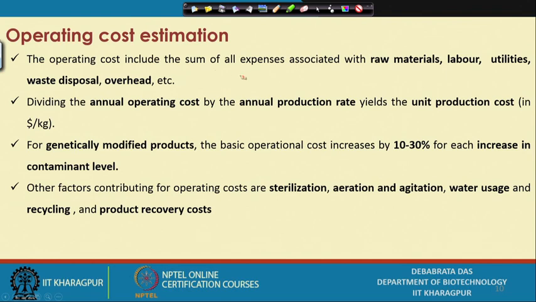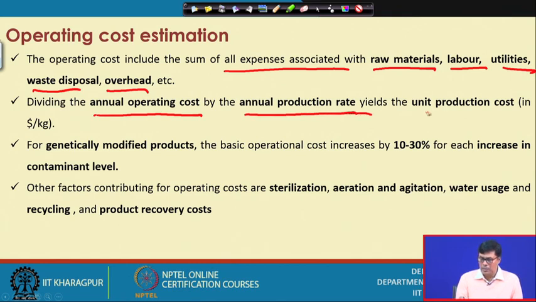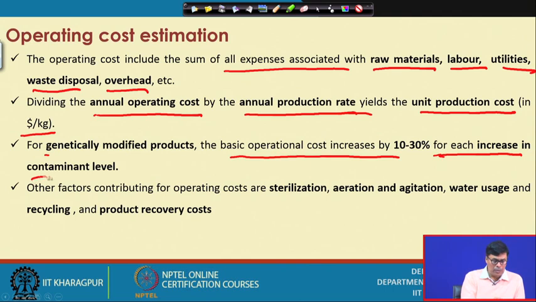Operating cost includes the sum of all expenses like raw materials, labor, utilities, waste disposal, and overhead cost. Dividing the annual operating cost by the annual production rate, or yield, gives the unit production cost in dollars per kg. For genetically modified products, the basic operating cost increases 10 to 30% with each increase in contaminant level.